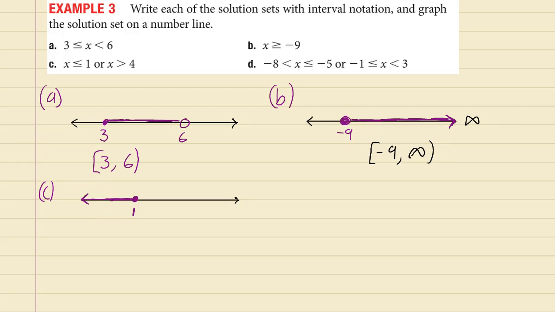And then there's also the x is greater but not equal to 4 part. That includes all of this stuff. And so we can write this as two separate intervals. That's the interval on the left. Here's the interval on the right.